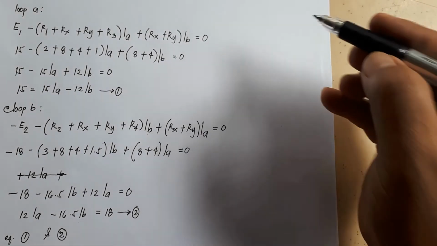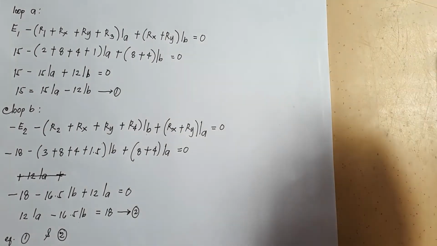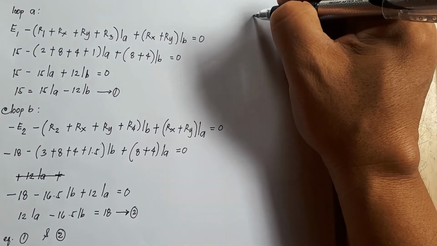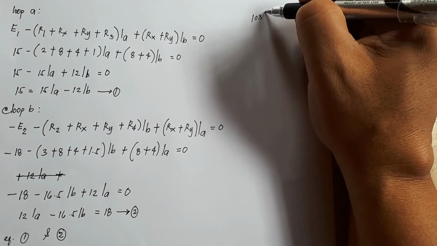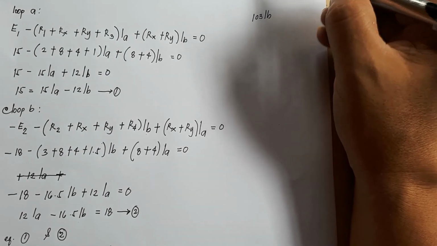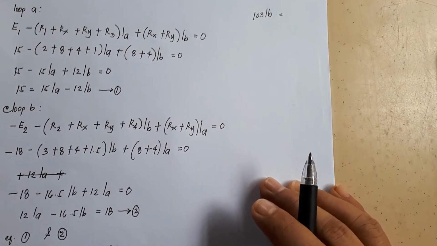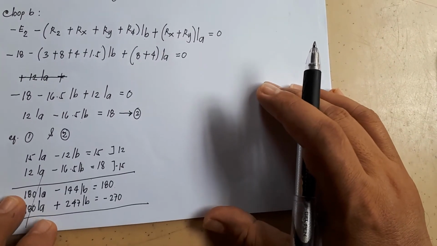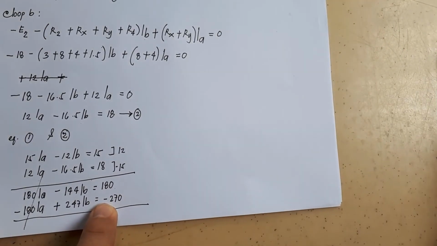So simplifying, we have 103 IB equal to, so we have here the 180, that one, 180 and 270.